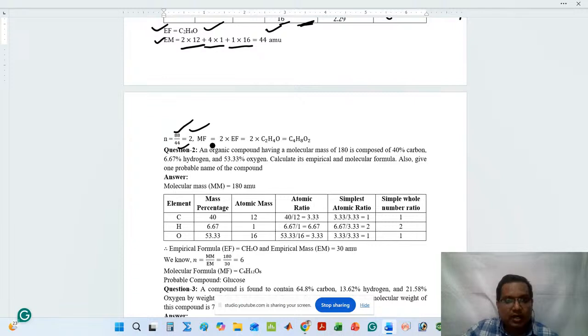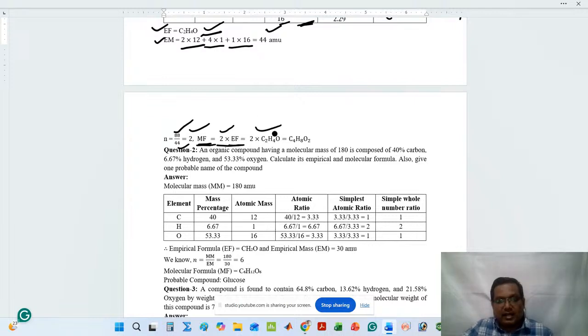Again, we know that molecular formula is equal to n into empirical formula. The value of n is 2. So here I can write molecular formula equal to 2 into empirical formula. Empirical formula is what? That is C2H4O. So I can write molecular formula is equal to 2 into C2H4O.